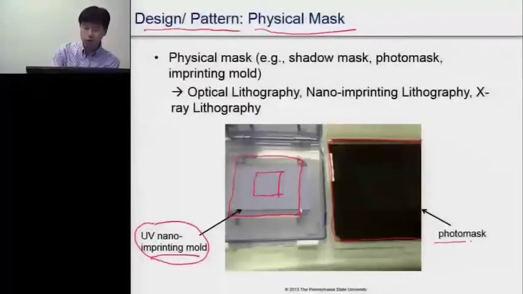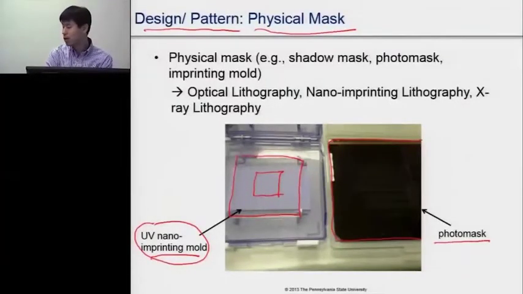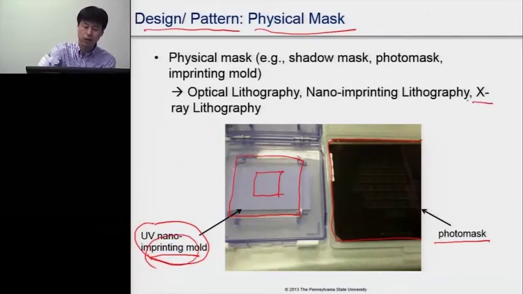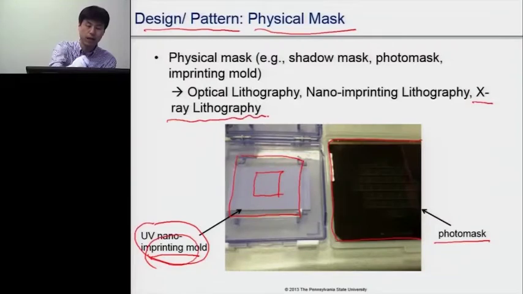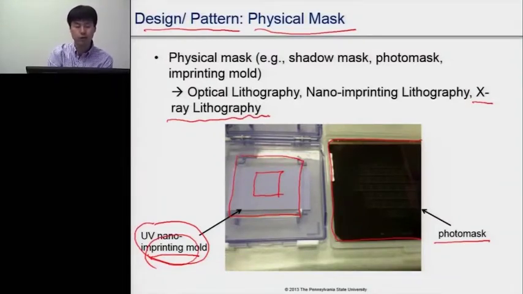So in addition to these two, photo mask, shadow mask, and imprinting mold, there is another kind of physical mask used for X-ray lithography.